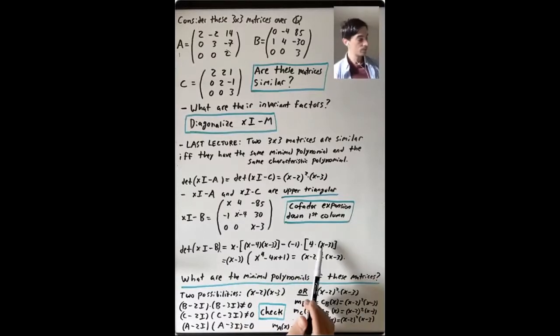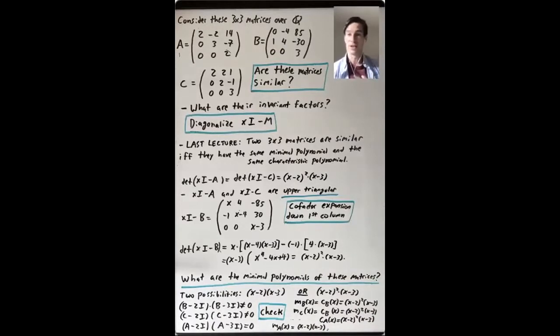And you can factor out an (x minus 3) and then see that you get an x squared minus 4 from here and a plus 4, typo, a plus 4 here. And that factors as (x minus 2) squared. So we can see that all three of these matrices have the same characteristic polynomial.